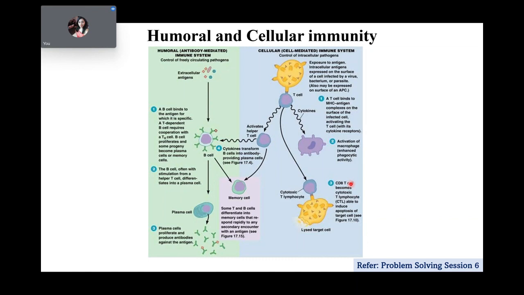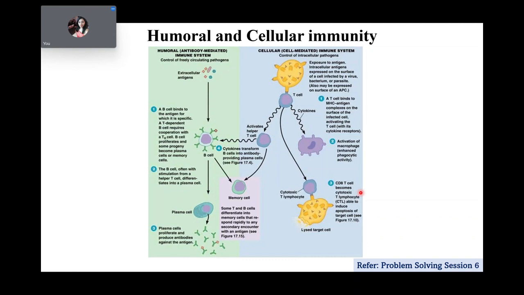Basically, these are able to induce apoptosis. The name says cytotoxic, so toxic for the cells. They will induce apoptosis of the target cell and lyse it, and the contents of the cells are exposed as debris. So this is how generally they work.